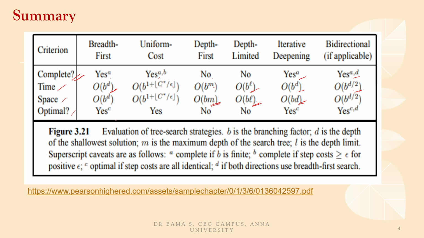And is it optimal? For breadth first, uniform cost search, iterative deepening and bidirectional, it is yes, and for these two cases it is not optimal, and sometimes with infinite loops depth first will not be able to find the search path or the goal.